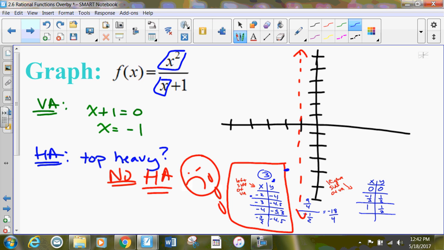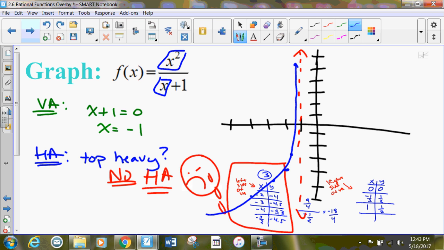So it looks like it's doing something. And then I wanted to know -3.5, so -1.5, -4.5. What it looks like it's doing, we can't really see what's going on to the very far left, but it looks like it's heading up that way.